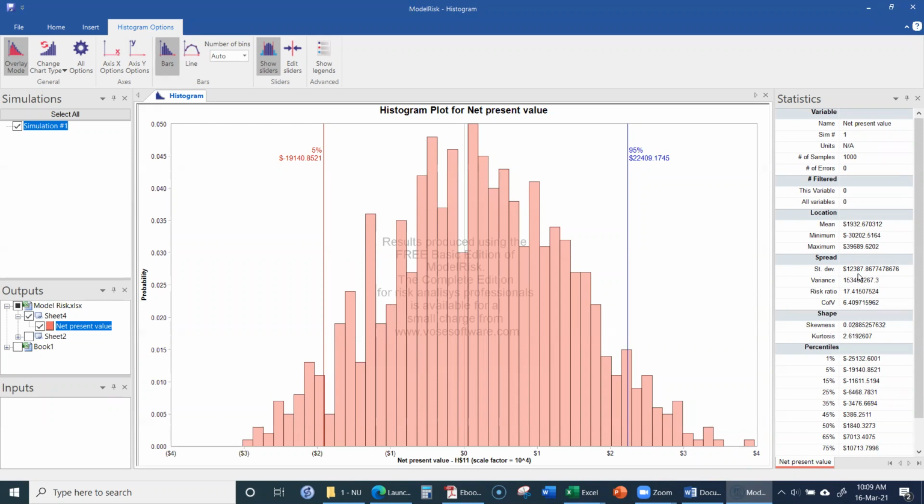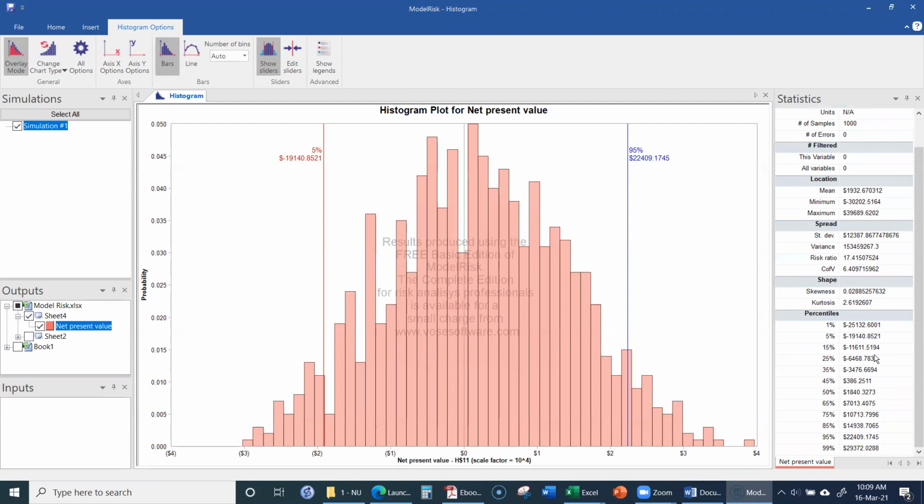And what is the chance for this project to go into a negative net present value? We can approximate that from these percentile values over here. For example, at 1%, it is minus 25,132, which means there is a 1% chance that the net present value of the project will be less than minus $25,000.